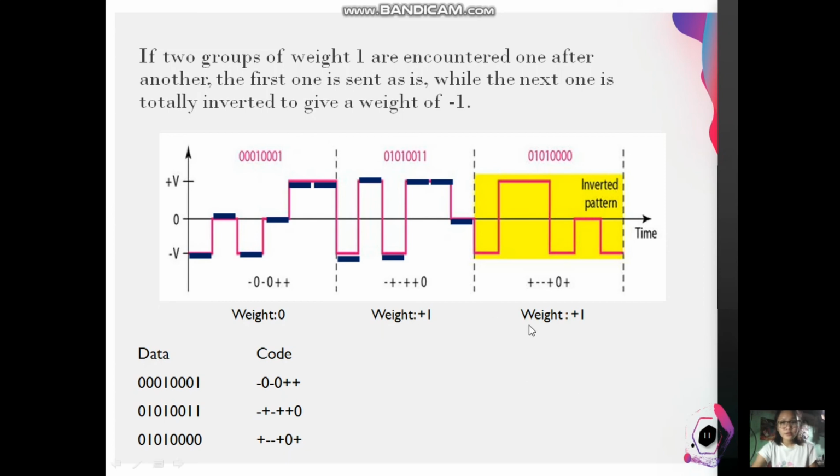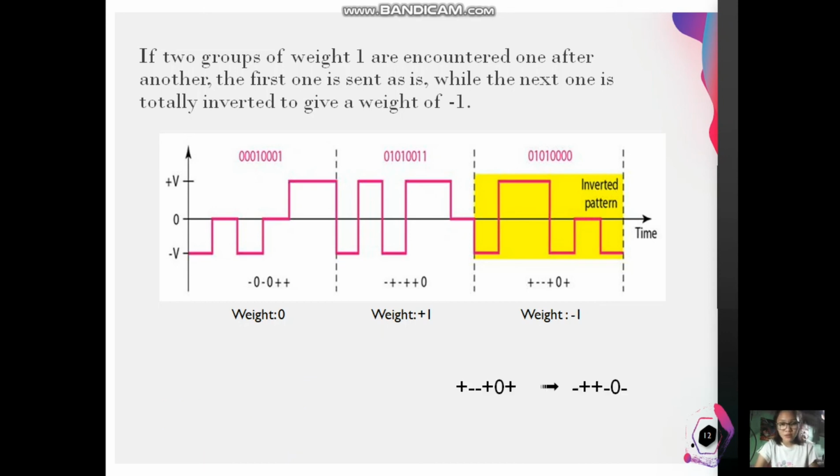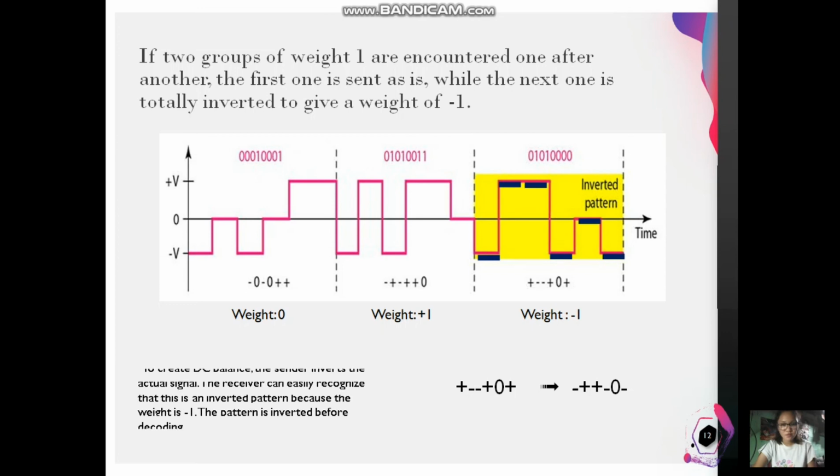So in this part right now, we have an imbalanced DC. To make it balanced, we have to invert the pattern. So we are going to convert the signal elements from positive, negative, negative, positive, 0, positive to negative, positive, positive, negative, 0, negative.